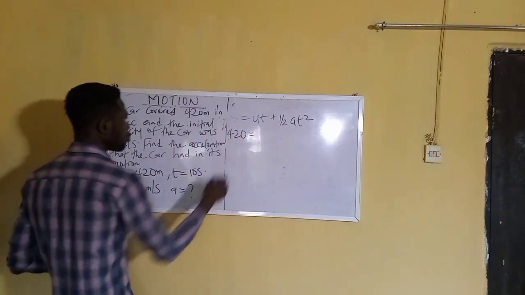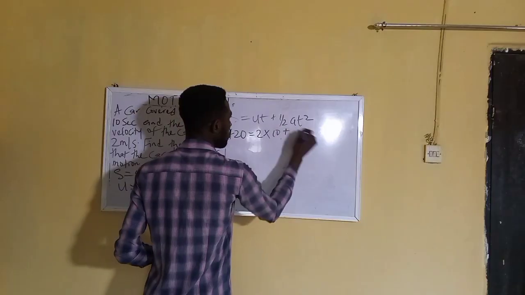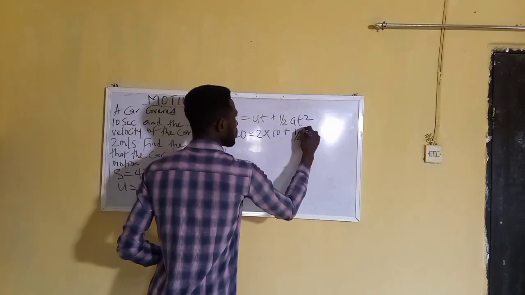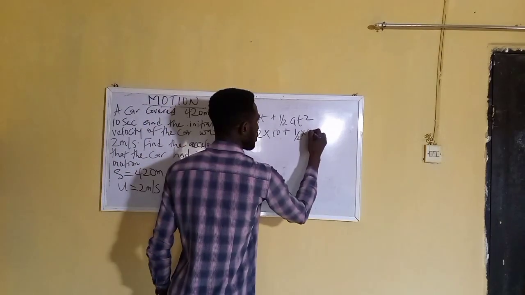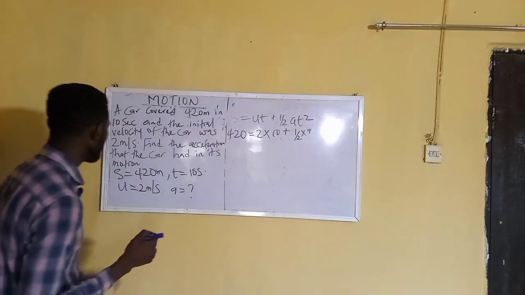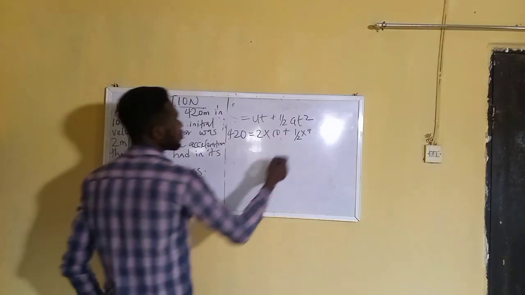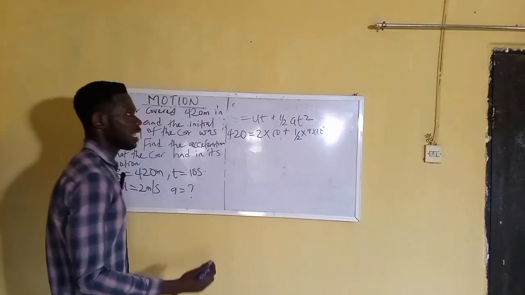Hence, we substitute: 420, which is your S, equals your U, which is 2, times your T, which is 10, plus half multiplied by your A, which is unknown, times your T, which is 10, squared.